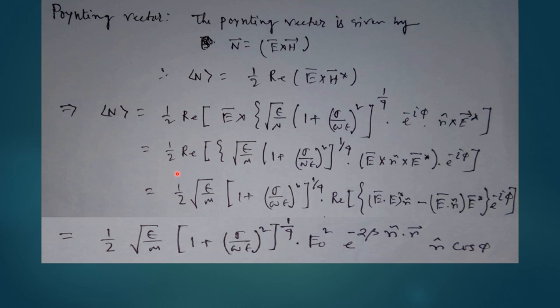Thus we find the time average of the Poynting vector is equal to half into root epsilon by mu into (1 plus (sigma by omega epsilon) square) to the power 1/4 into E0 square e to the power minus 2 beta n dot r into n hat cos phi.